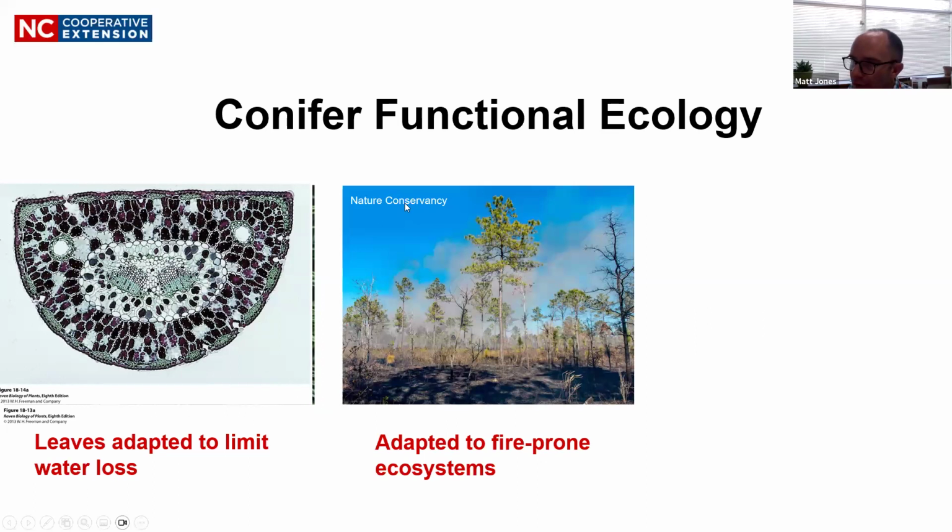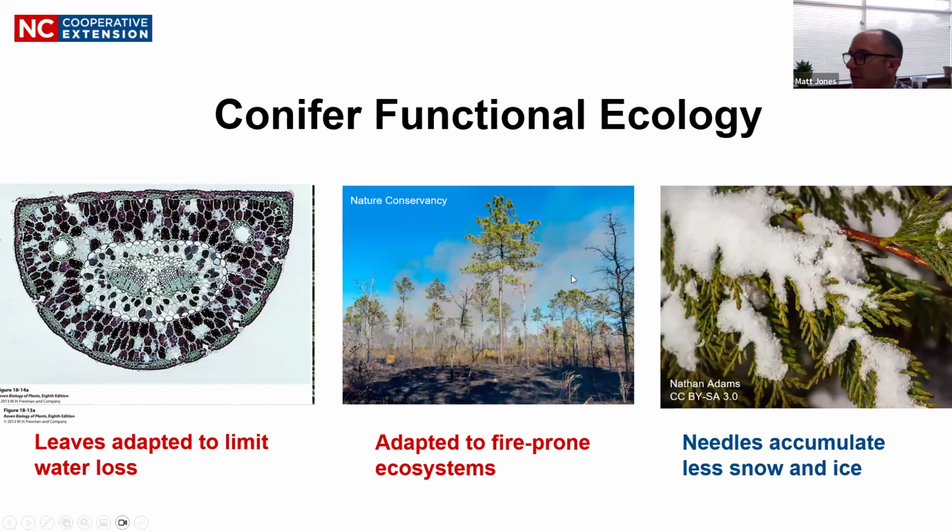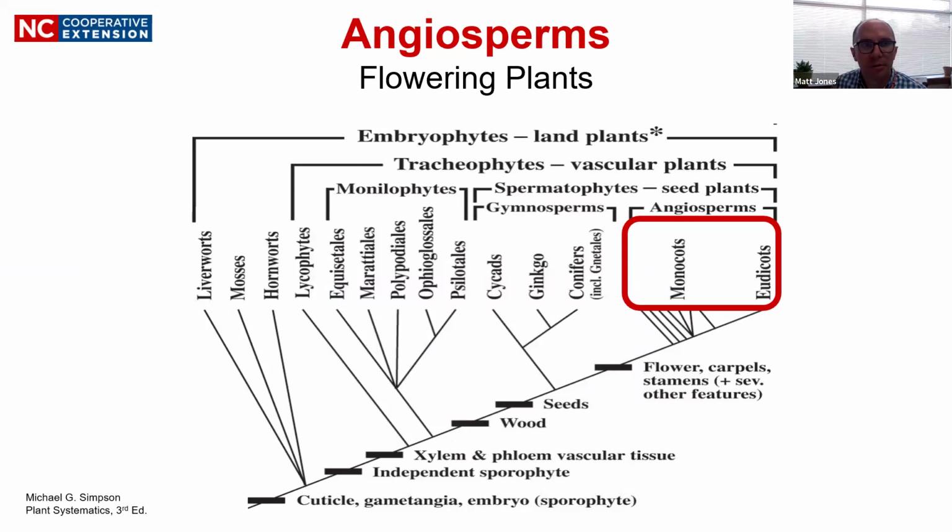And the low surface area, the low profile of the needles, also enables them to shed snow. So in environments where there's a lot of snow accumulation, they can tolerate that throughout the year instead of going dormant and losing their leaves.